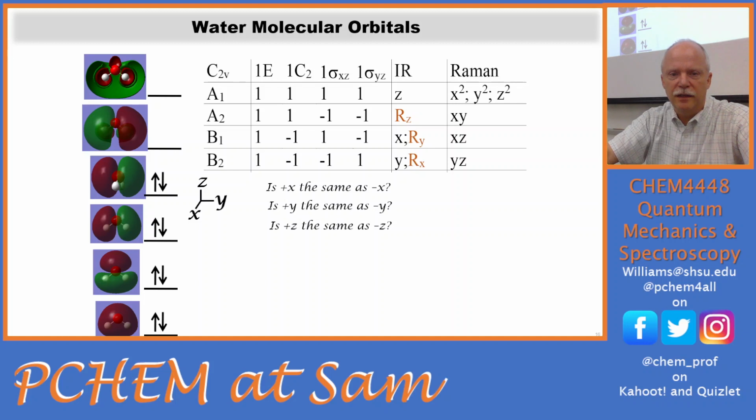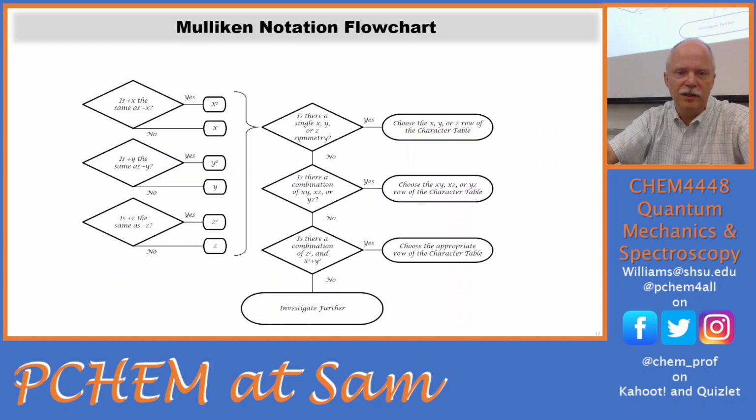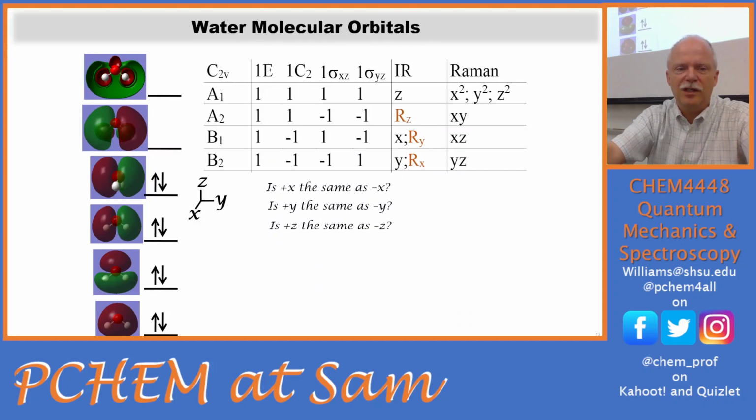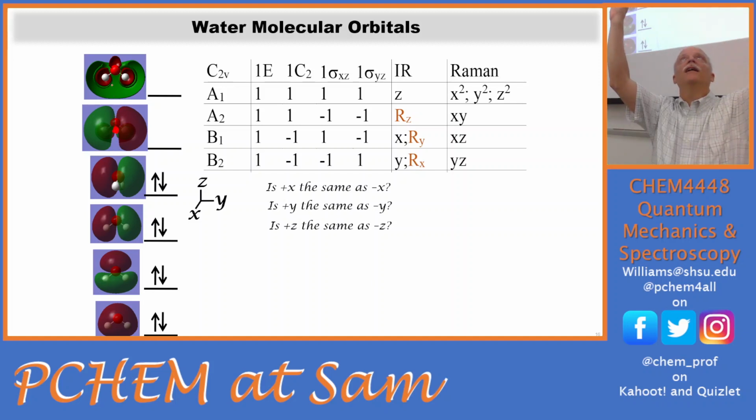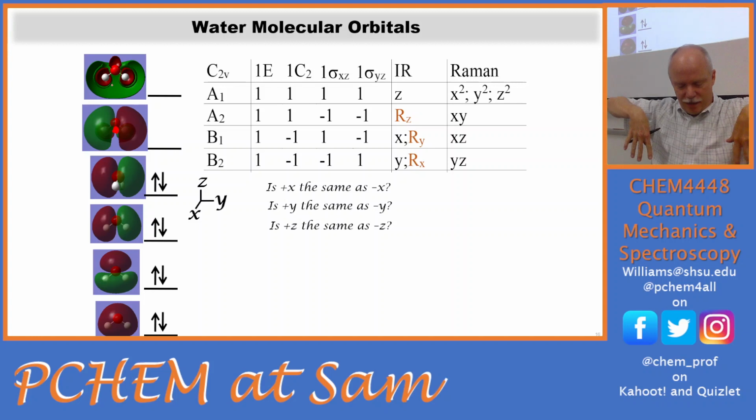So let's look at these. I've put a flow chart in the notes to try to determine the symmetries. If you put yourself at the origin, let's do this one right here. If I'm standing at the origin and I look up and I look down, I see green and red on either side. I look down, I see green and red.